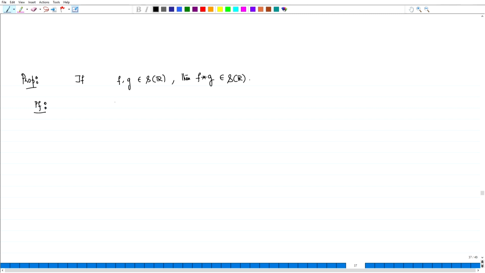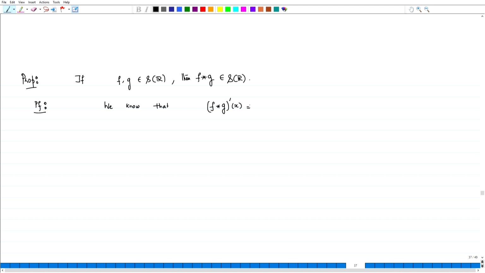So, clearly what we know is that f convolution g is differentiable, and we want (f * g)'(x).